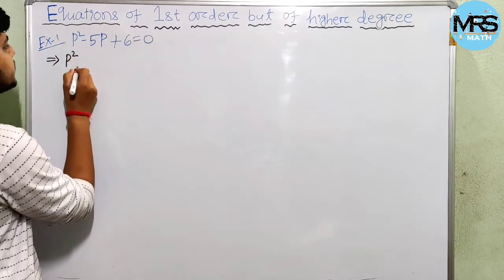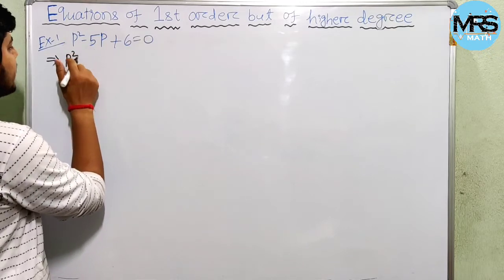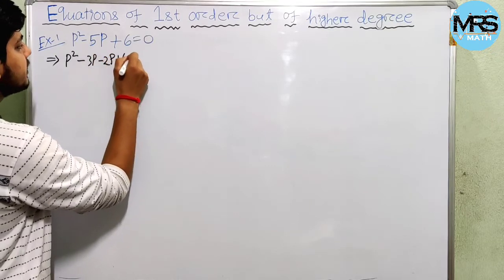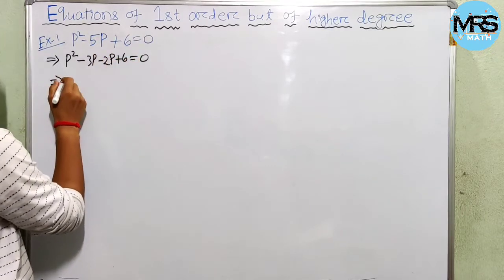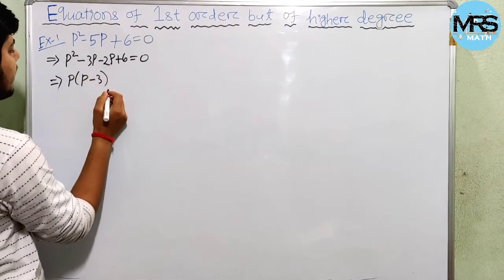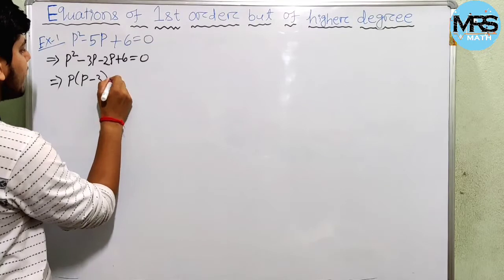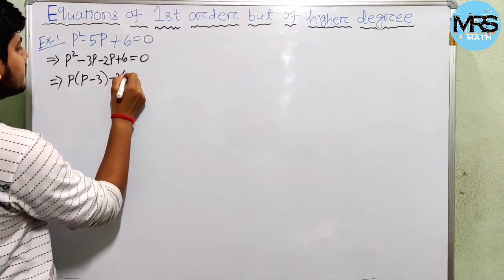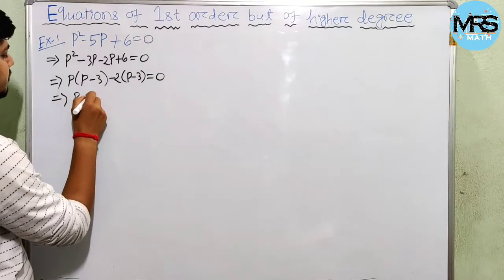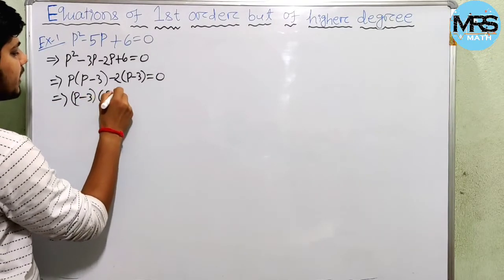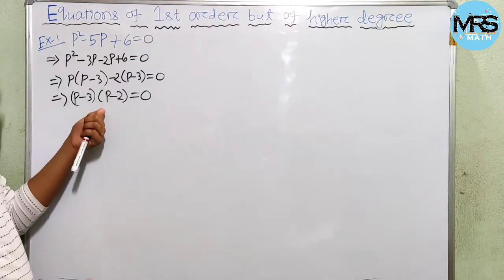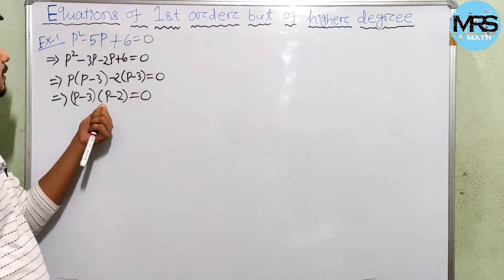That is, p square minus 3p minus 2p plus 6 equal to 0. If you take p common, you get p into p minus 3, then minus 2 common gives p minus 3 equal to 0. So this will be p minus 3 into p minus 2 equal to 0. We just factorized the differential equation by p.